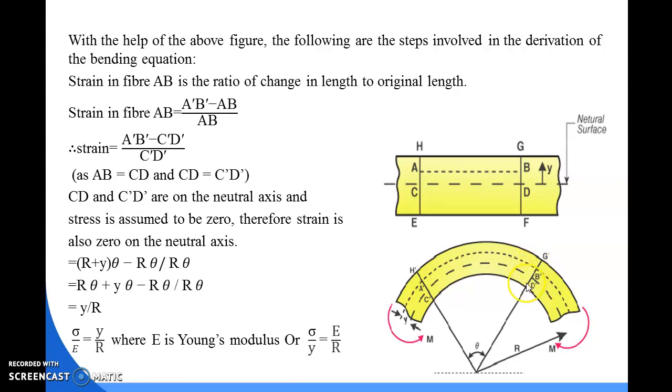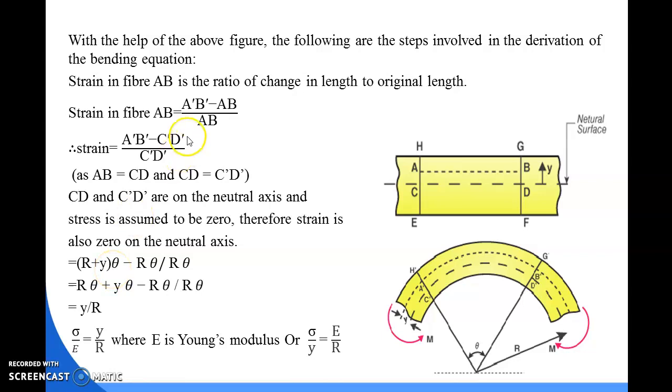Hence, the total radius is R plus small y, and theta is the angle between the two radii. Hence, the A dash B dash value will be R plus y into theta.